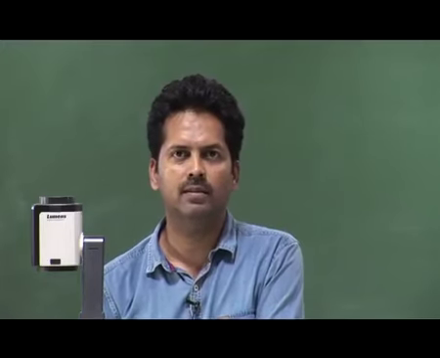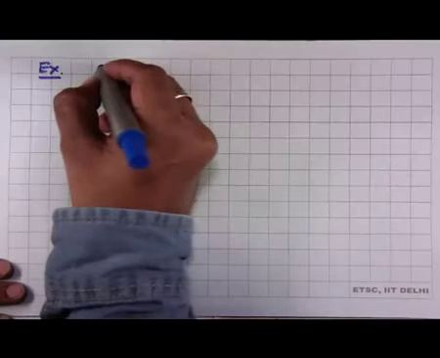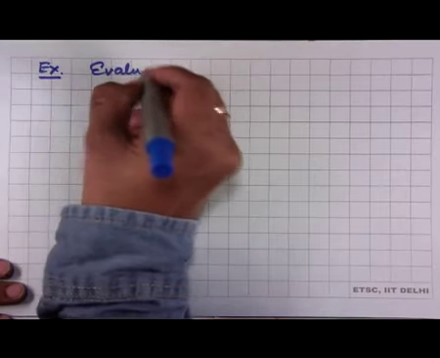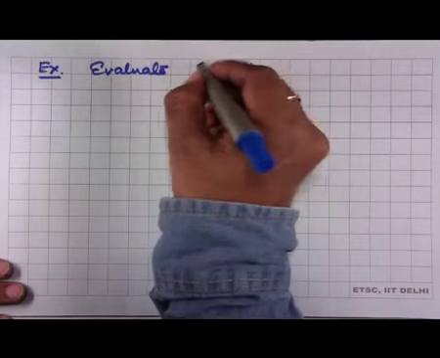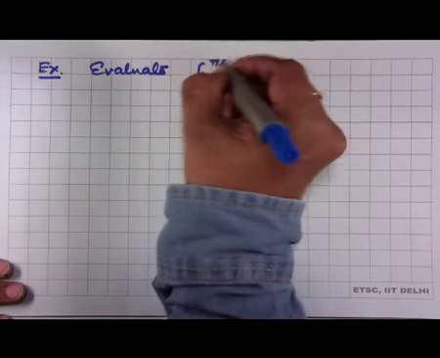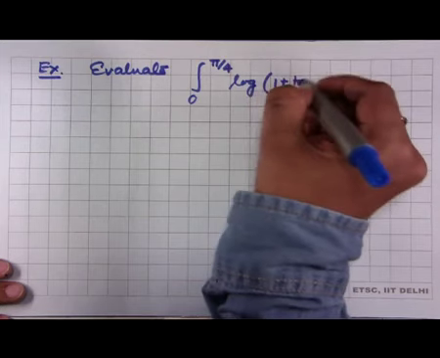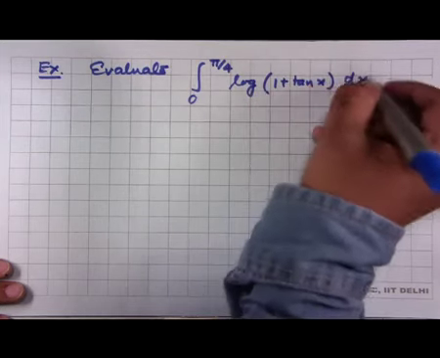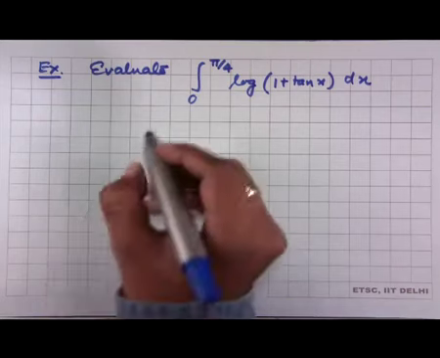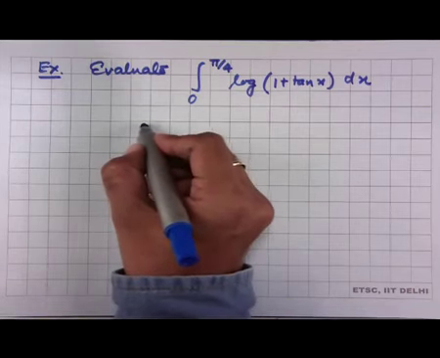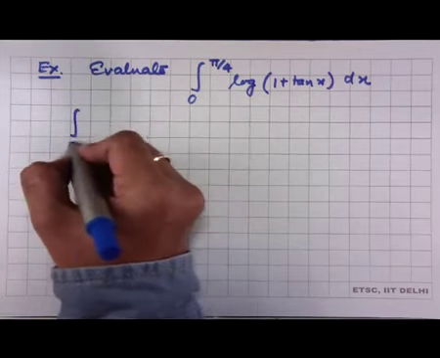Let us take another example. Evaluate the integral from 0 to pi by 4 of log 1 plus tan x dx. So apply this formula.